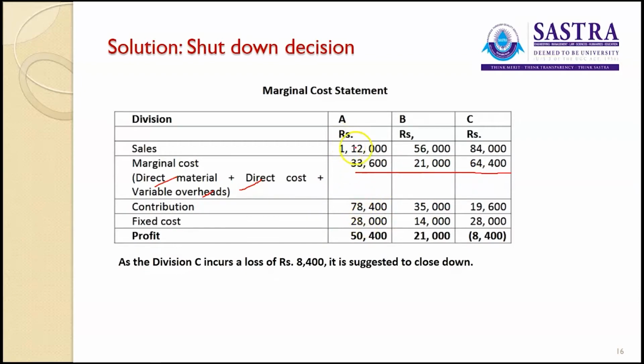Contribution: 1,12,000 is the sales for A, 33,600 is the marginal cost. So you'll get 78,400 as your contribution for A. Then for B, 56,000 minus 21,000, we get 35,000. Then for C, 84,000 minus 64,400 will get 19,600. Then fixed cost we have 28,000, 14,000 and 28,000.